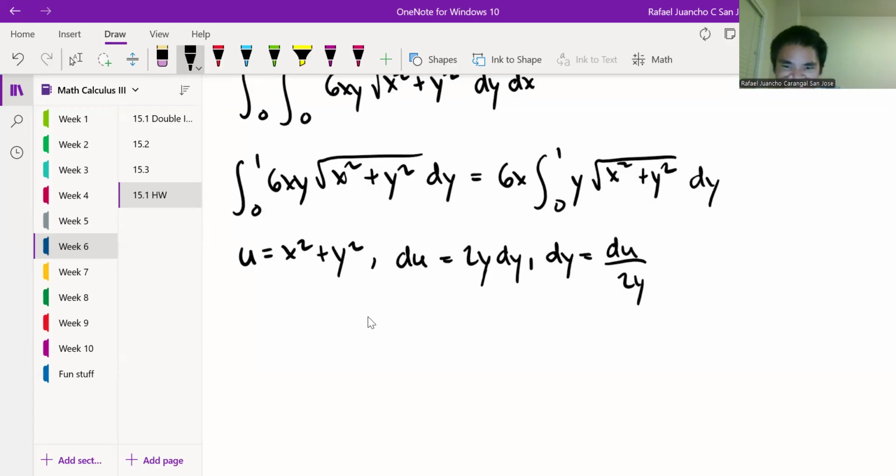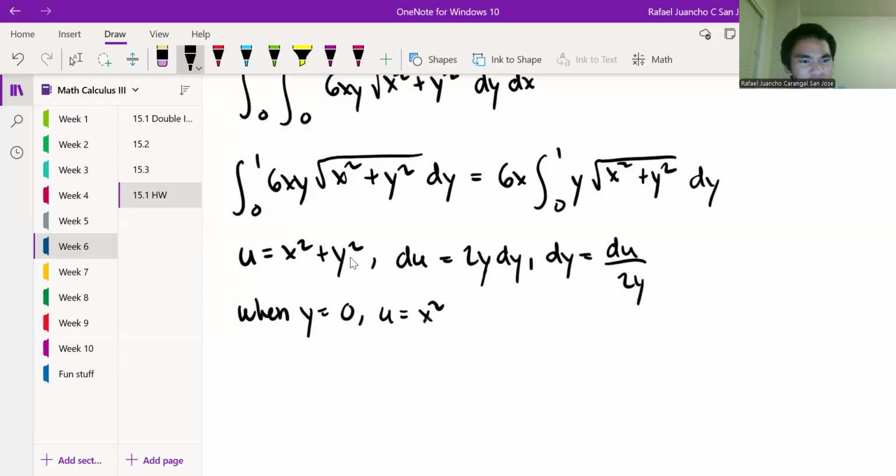I have bounds though. So when my y is equal to 0, my u... Oh, but then I have an x squared. Oh, my u is x squared. That's funny.